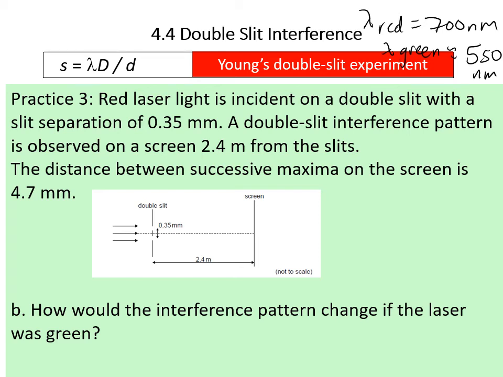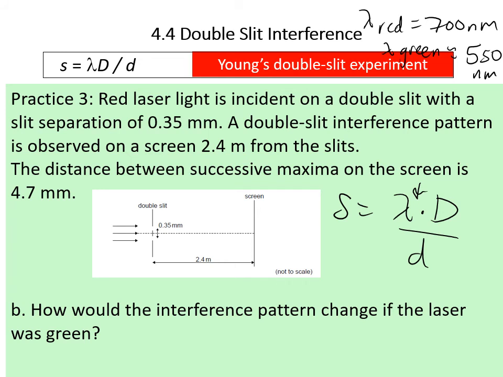As such, I'm going to look at this equation to decide: S is equal to lambda times D over little d. If I change the wavelength, how does it affect S? If I change from red to green light, I make the wavelength shorter. If this wavelength gets shorter, what happens then to the fringe spacing? Does the fringe spacing get wider, or do the fringes get closer together?